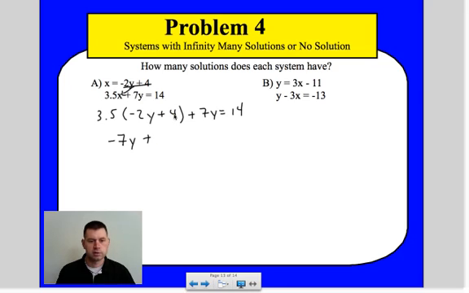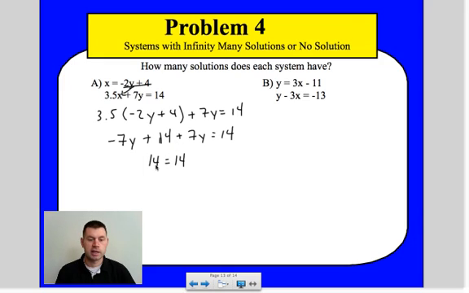We get 4 times 3.5, which gives us 14, plus 7y equals 14. Excuse me, I don't know why I said 15, it should be 14. Plus 7y. So we have 7y and negative 7y, which cancel, giving us 0 y's, which we don't write. And we get 14 equals 14.